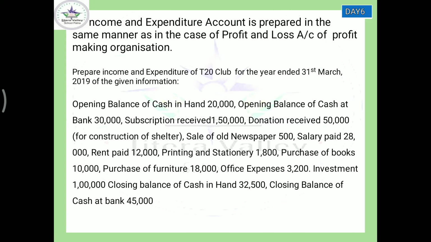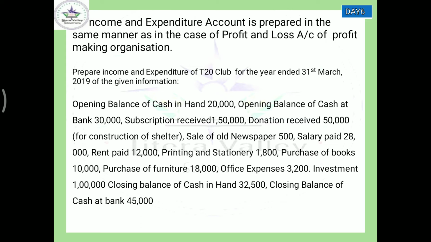The opening balance of cash at bank will be shown on the opening balance sheet, asset side. Revenue receipt is income, capital receipt is liabilities, and bank overdraft is liabilities for the closing balance sheet.